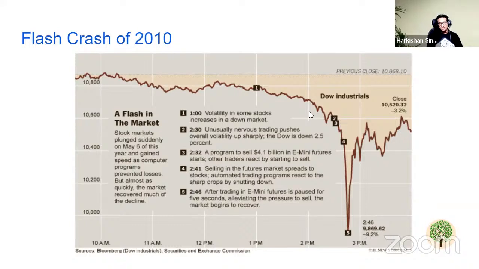This is Dow Jones Industrial, by the way. Dow Jones Industrial tracks the top 30 stocks in the US. So it dipped, and within a few minutes, it recovered again.